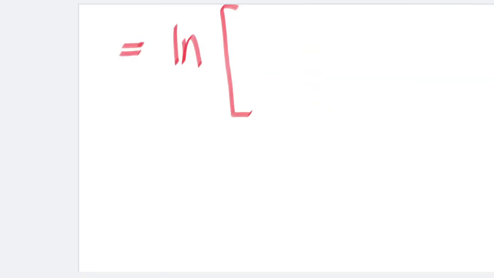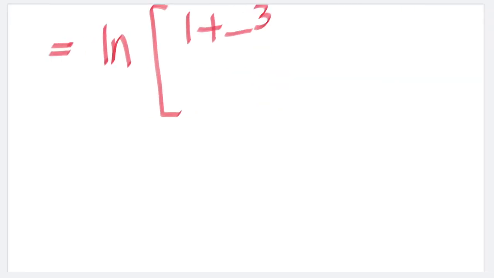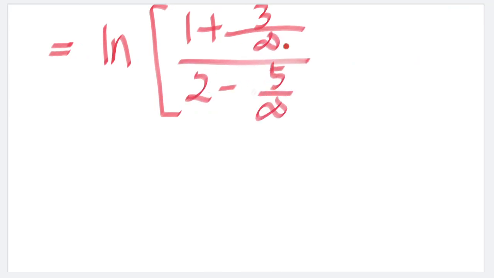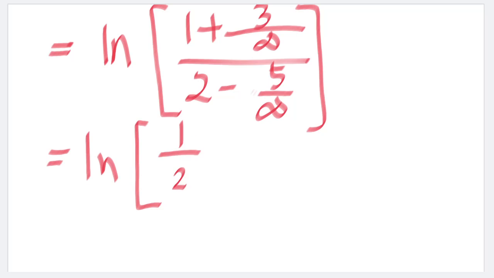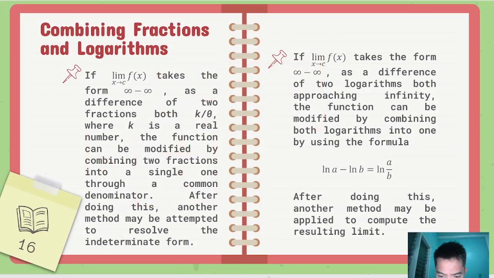So substituting, that is equal to ln of what? 1 plus 3 over infinity over 2 minus 5 over infinity. And the limit of 3 over infinity is 0 and 5 over infinity is 0 according to the law of balloons. So ln of what? 1/2 na lang. Or balikan natin yung property: ln of a minus ln of b is equal to ln of a over b.